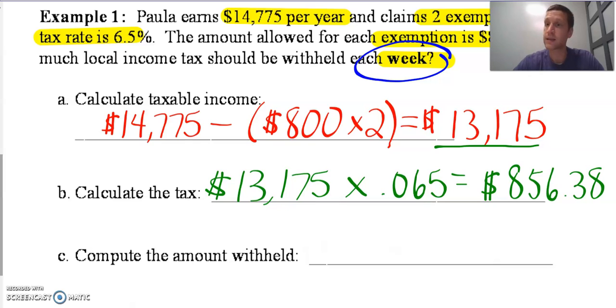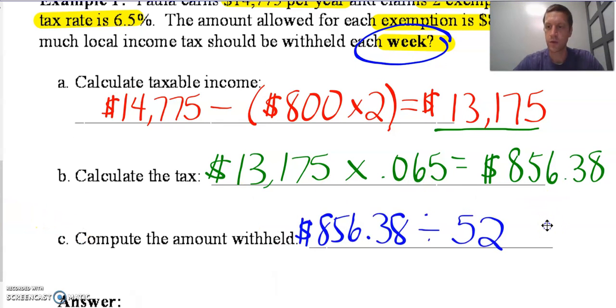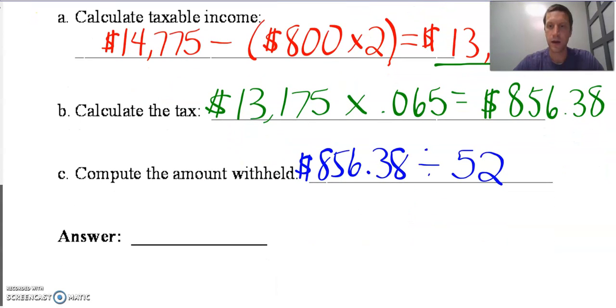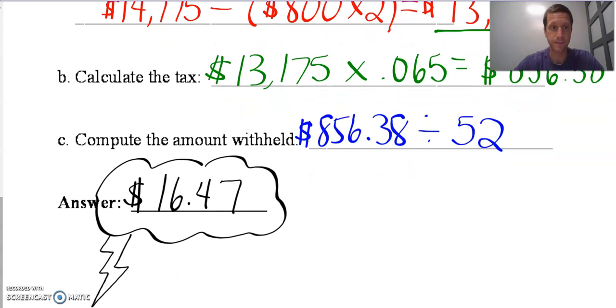And that's going to give me the tax that I owe in a whole year. So I owe just over $850 for the year. And then if we're getting paid each week, how much should my employer, my boss, withhold from my paycheck? So the way we do that is we take that tax divided by 52 for the paychecks, and we're going to get $16.47 per paycheck.